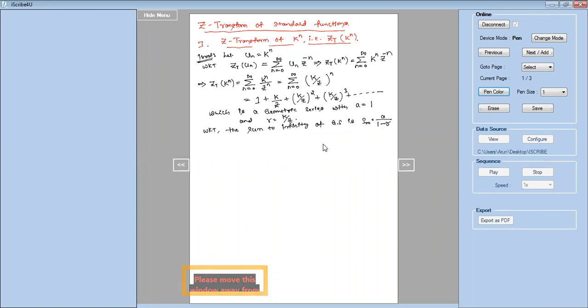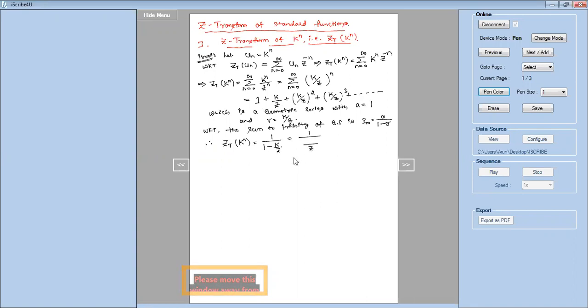Let us substitute now. So therefore we get Z transform of k power n. So Z transform of k power n is nothing but sum of an infinite series. So the sum of the right hand side will be calculated by using this formula. So it is A. A means 1 divided by 1 minus R. R means k by z here. So take LCM and simplify. So this is equal to 1 by, so Z is the LCM here.